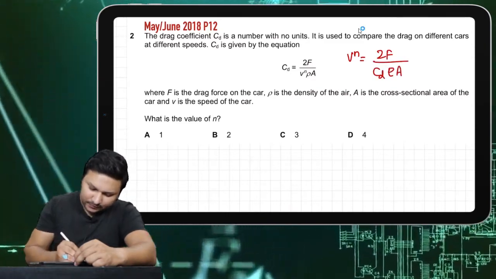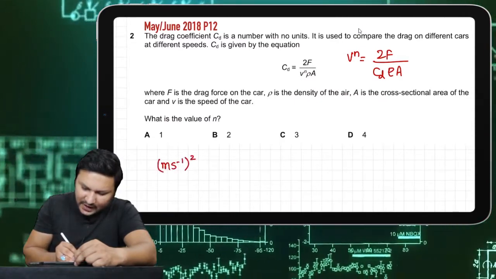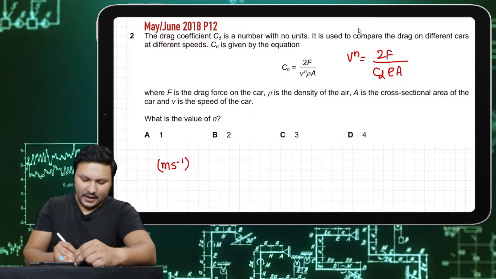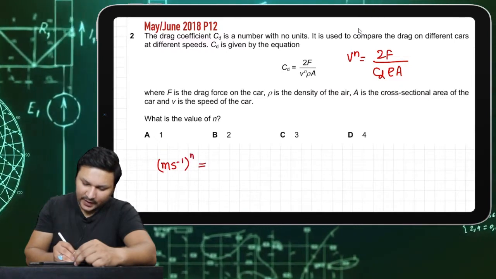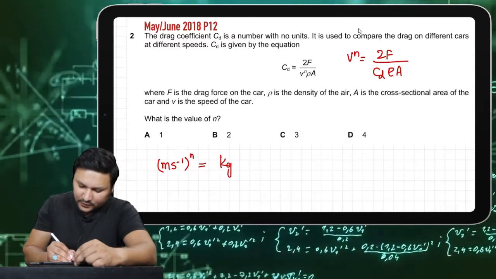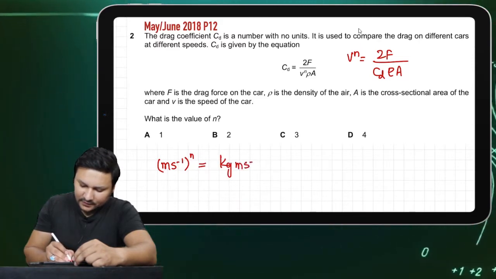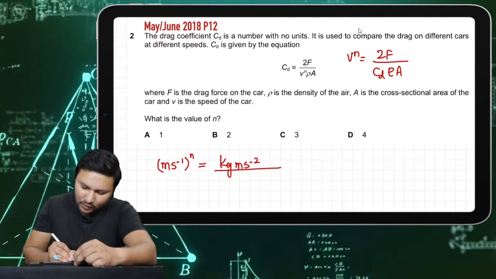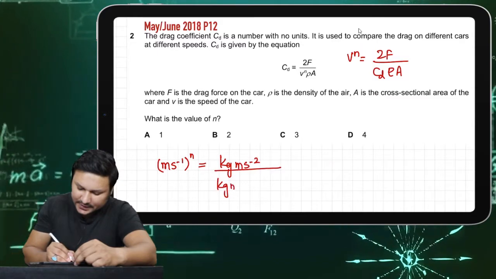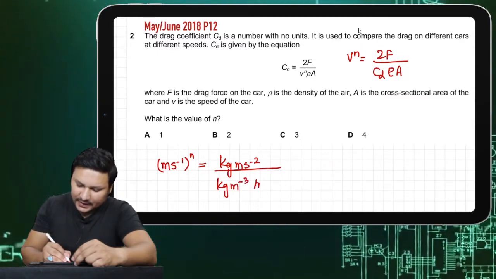Now, V is speed. So I have put the base units instead of V, that is m s minus 1 power n. 2 has no unit, and the base unit of force is kg m s minus 2 upon CD has no unit, density kg m minus 3 and area m square.